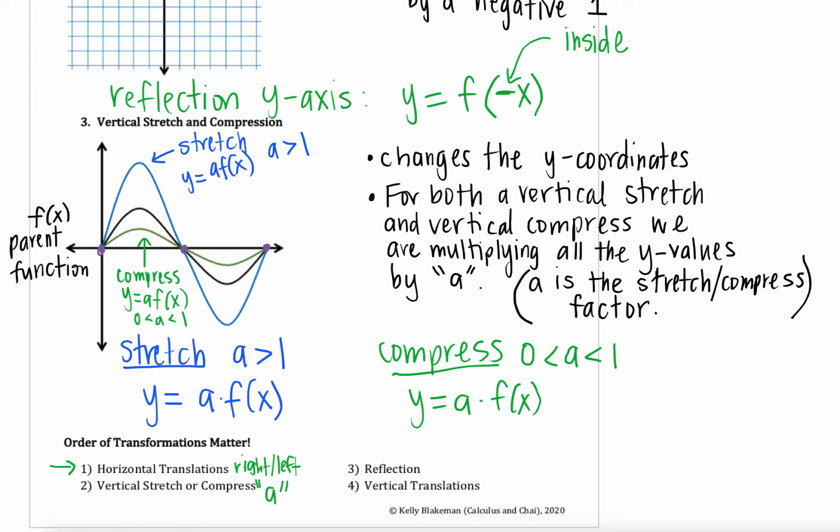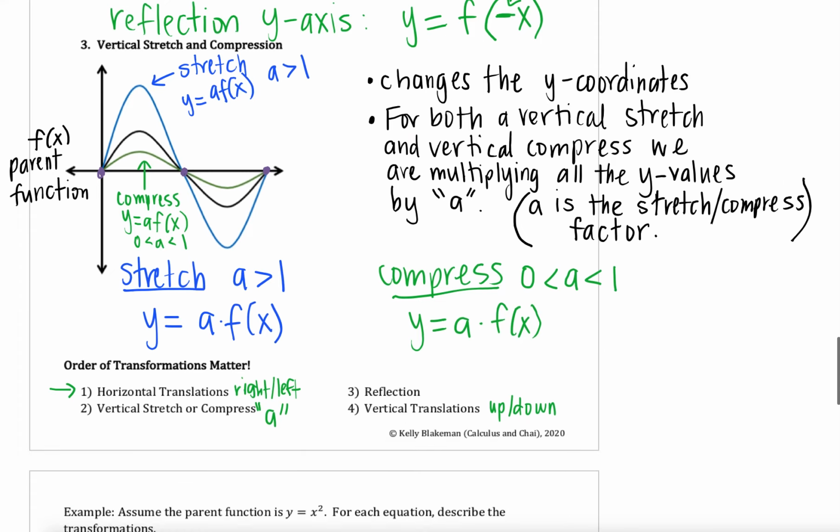The next one is our reflection, and this could be either a reflection over the x-axis, the y-axis, or both. We would apply those next. And then lastly is our vertical translations, and those are our shifts that are going up or down. We always want to make sure that we apply our vertical translations last, and specifically, we need that vertical stretch or compress and reflections to always come before those vertical translations.